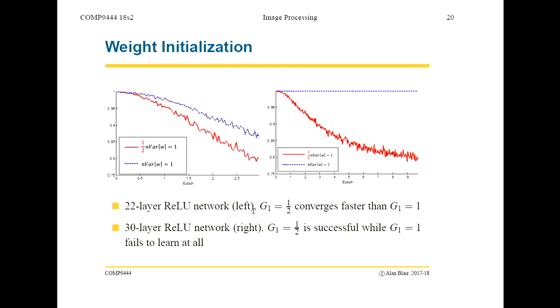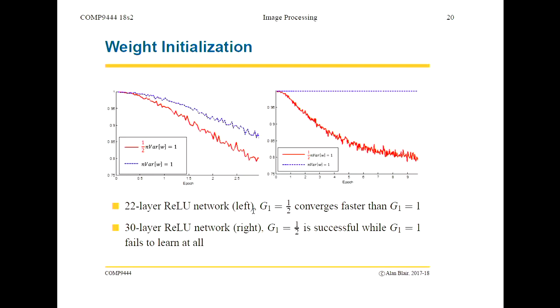I think this is trained on the MNIST, no, it's trained on this image recognition task, ImageNet. On the left you have a 22-layer network, and on the right you have a 30-layer network.